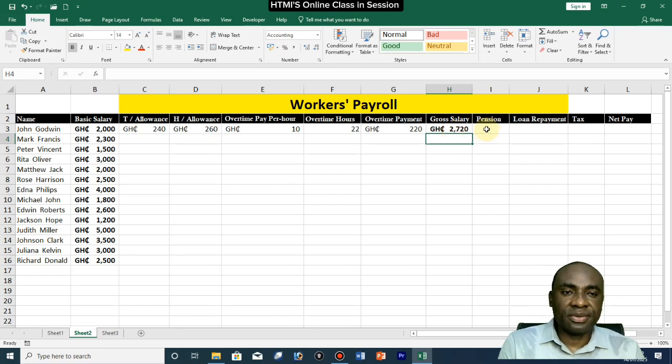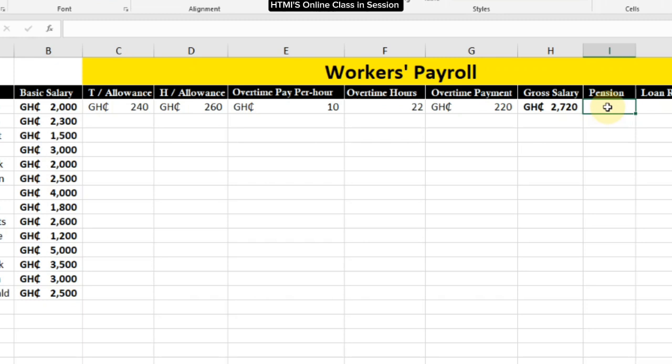Now the monthly pension is 5%. 5% every month is the monthly pension for each of the workers. So we're now going to take 5% of the basic salary. What do we do? Again, equal to basic salary times 5%, enter.